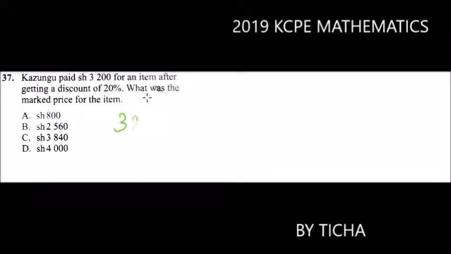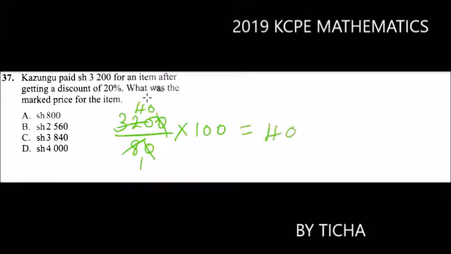So it means that 3,200 is the same as 80% of the price that was marked on the item. So you multiply by 100 to get the marked price. You can simplify here. You divide by 8, you get 1. You divide by 8, you get 40. So it means it was marked 4,000 shillings.